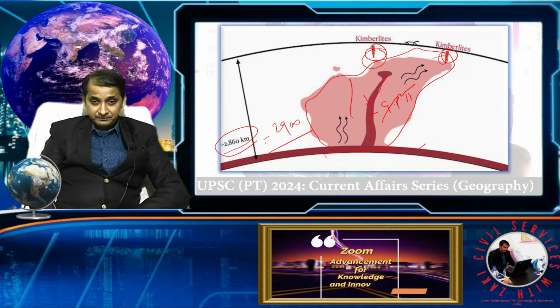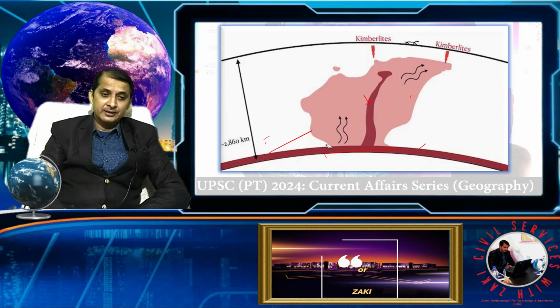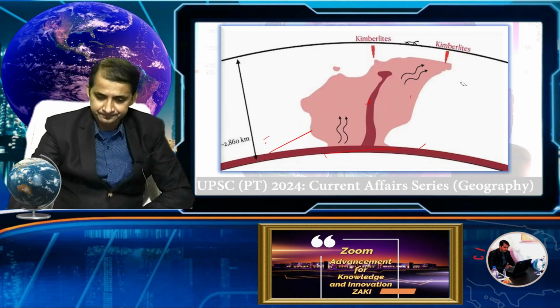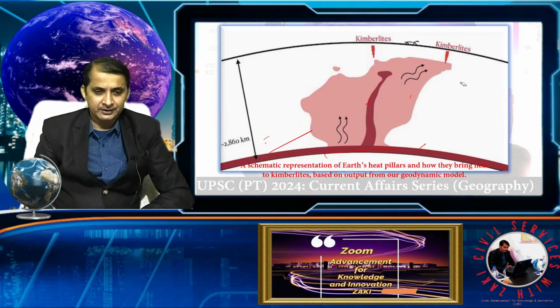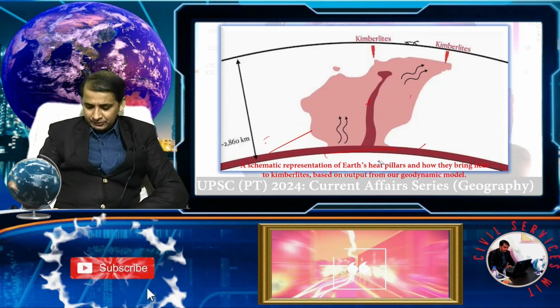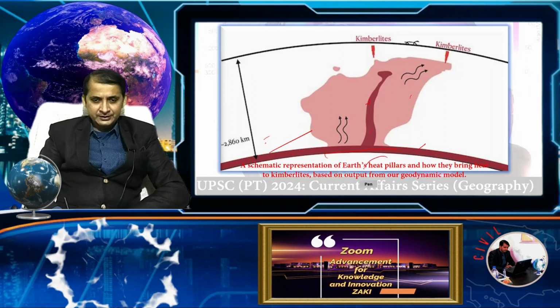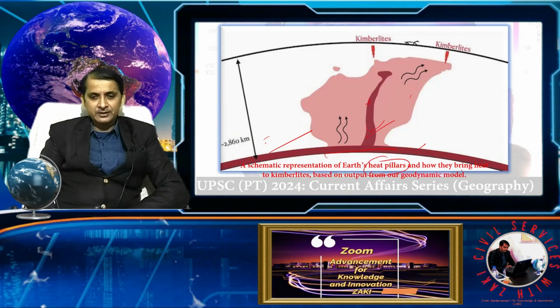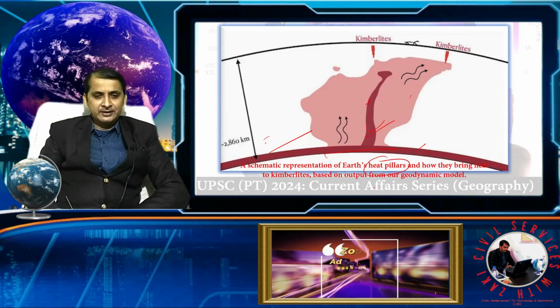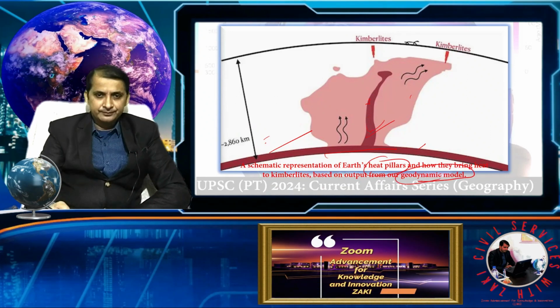So basically this is a new discovery. It is the schematic presentation of the Earth's heat pillar. So as you see, this is the heat pillar, and the bright part is the Kimberlite output from the geodynamic model.